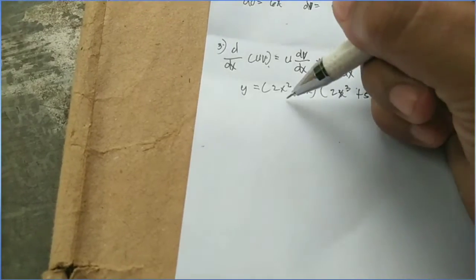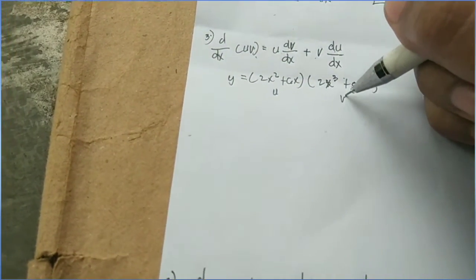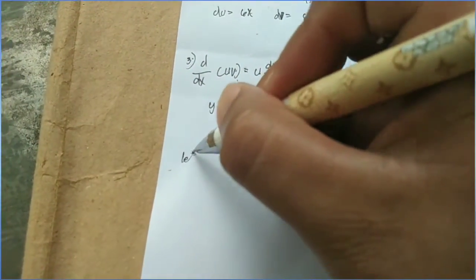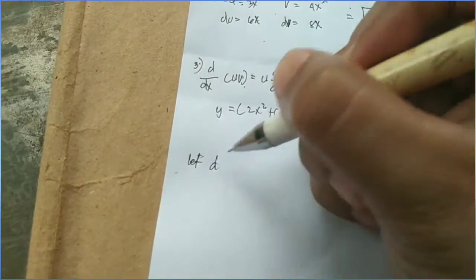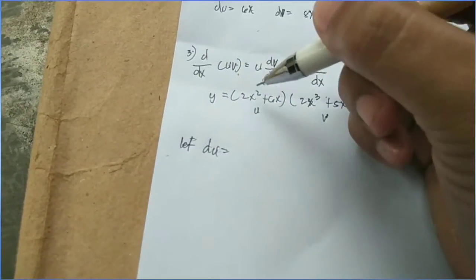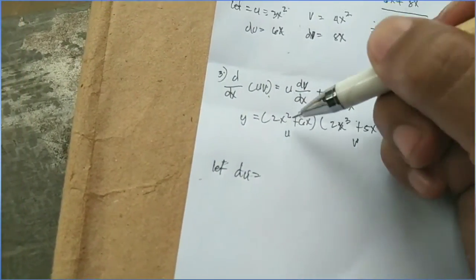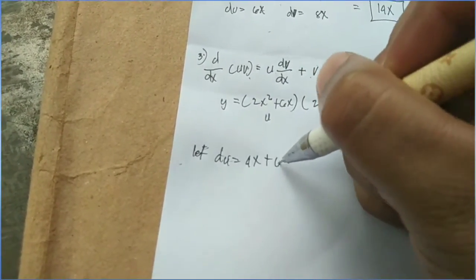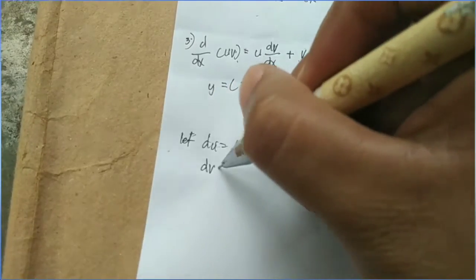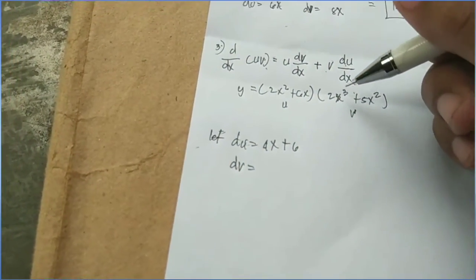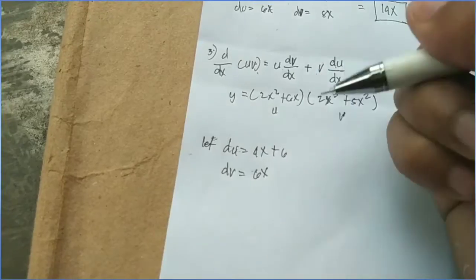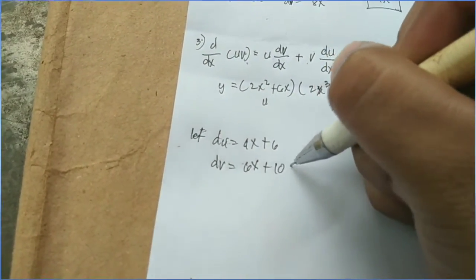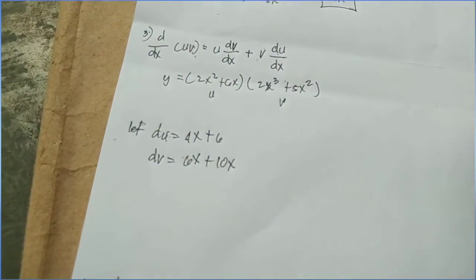This is your u and this is your v. The derivative of your u is 4x plus 6, and the derivative of your v is 6x squared plus 10x.